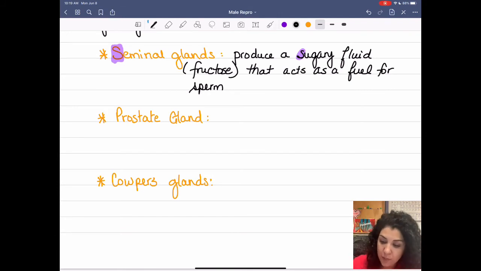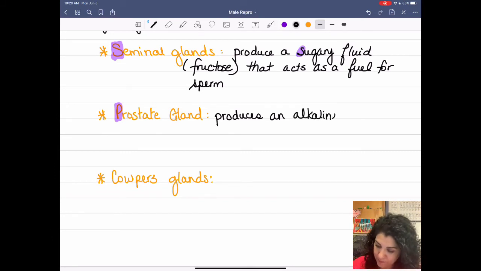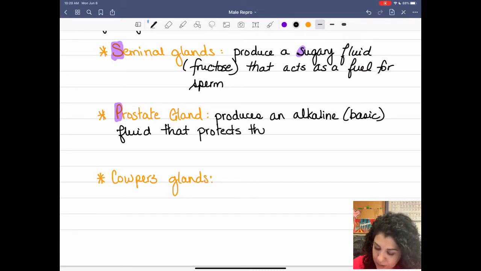Okay, then the prostate gland, I want you to think of P for prostate. And the prostate produces an alkaline fluid. Alkaline means basic. That protects the sperm.